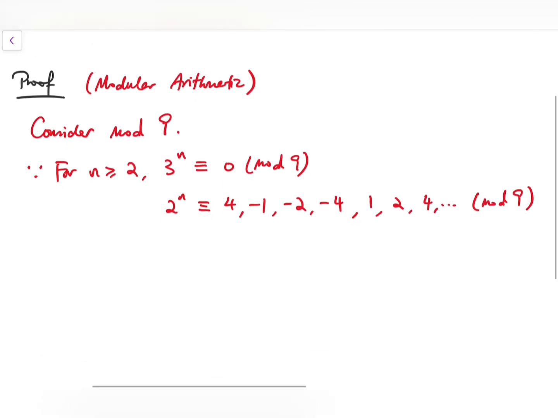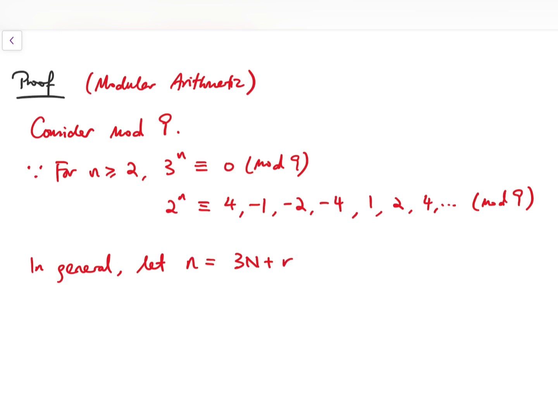Now, generally speaking, under mod 9, a cubic number can only be 0 or plus or minus 1 mod 9. To show this, I'm going to write n equals 3 times big N plus r, with r being the remainder when n is divided by 3.